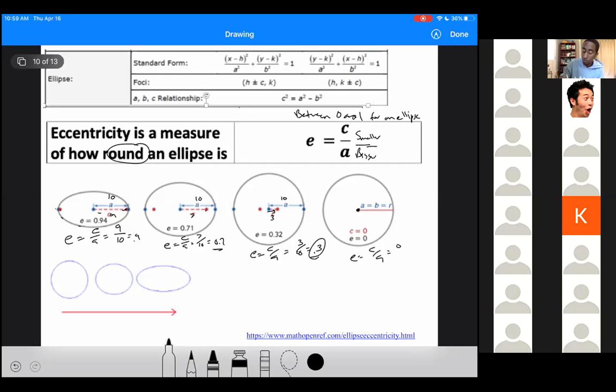So 0 would be c, and a would still remain, let's say, 10. So that's just 0. That is, however, a perfect circle, because now the distance from the center to the edge anywhere is equivalent.